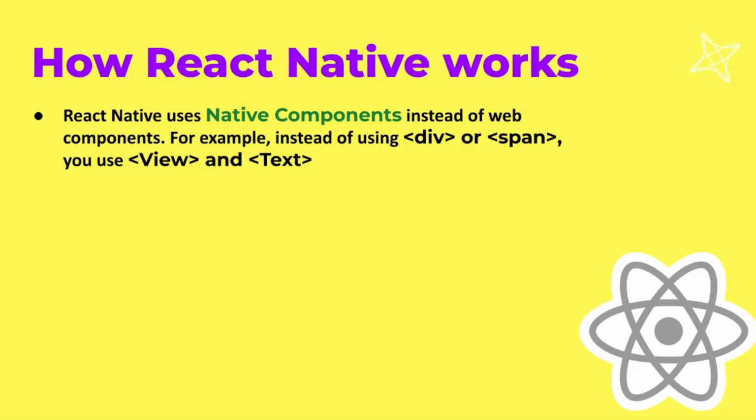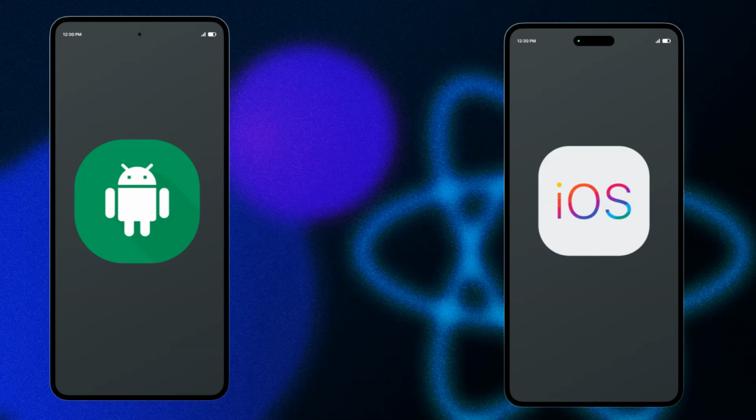So how does it work? React Native uses native components instead of web components, such as views and text instead of divs and paragraphs like you do in web development. When it uses these components, it transpiles them to the corresponding languages such as Java for Android and Objective-C or Swift for iOS by using what is known as a bridge.